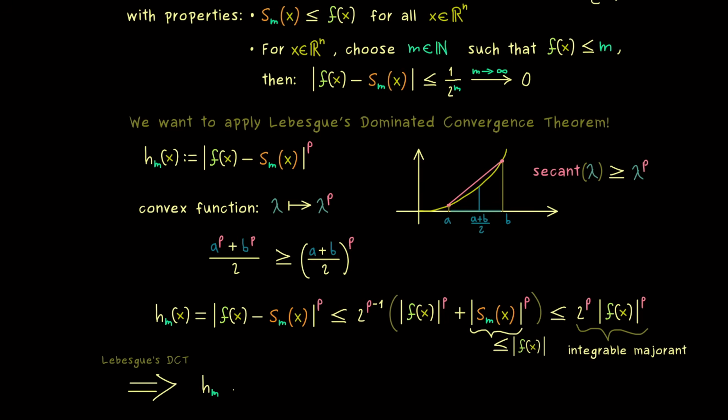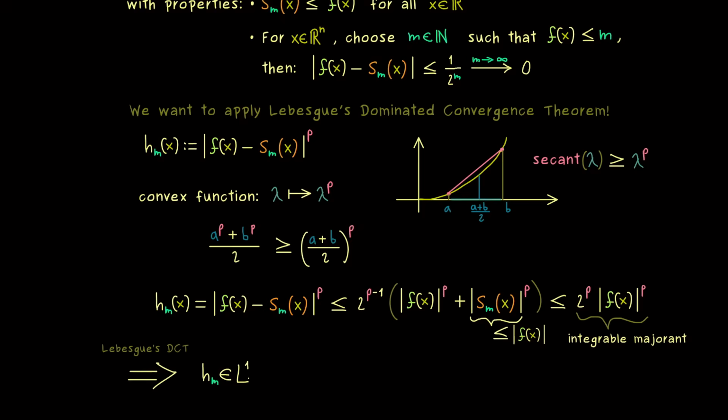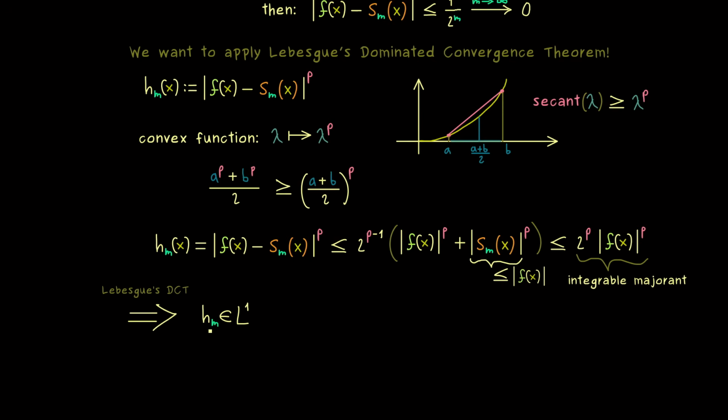So the conclusion is that h_m is integrable for every m, and it also converges in the L1 norm. And since the limit function is the 0 function, we have that the L1 norm of h_m goes to 0 as well. And this is really nice because this L1 norm is exactly the integral we want to have.